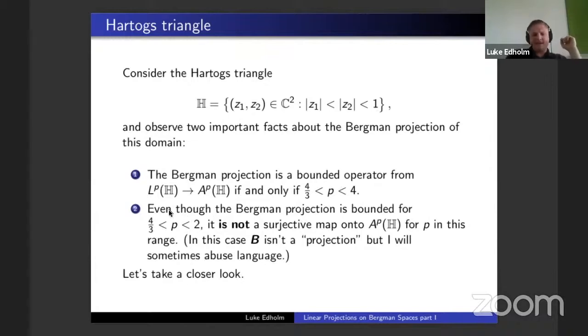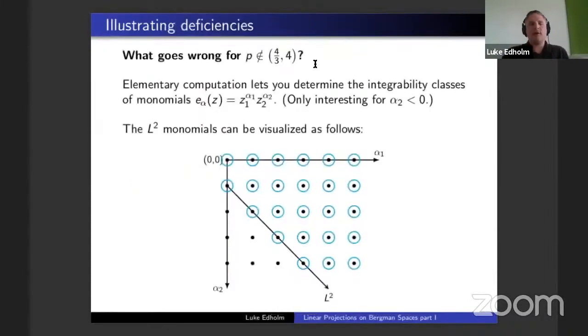Here's another fact that some people here may know, but it's less commonly known: the Bergman projection is bounded for this interval from 4/3 to 2, but it's not surjective onto AP for this range. In a sense, this operator B is not even a projection onto this space, but I'm going to continue to abuse language and refer to this operator as the Bergman projection, even in the setting where it's not actually a projection.